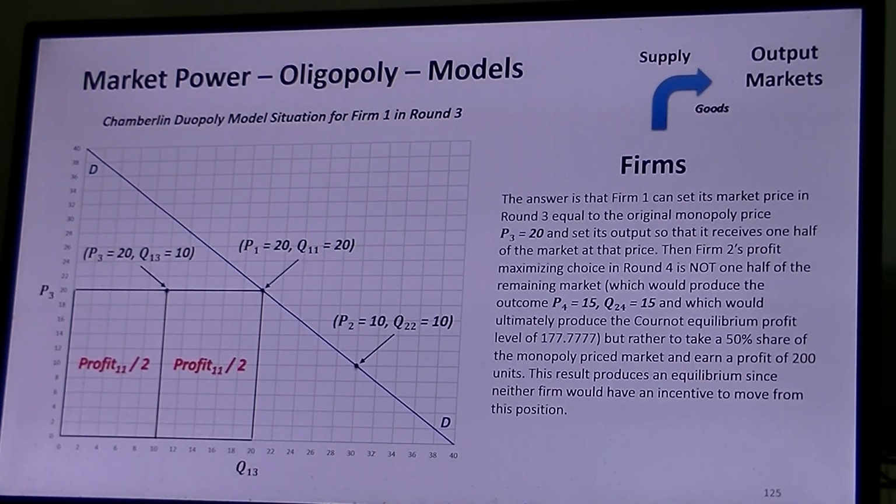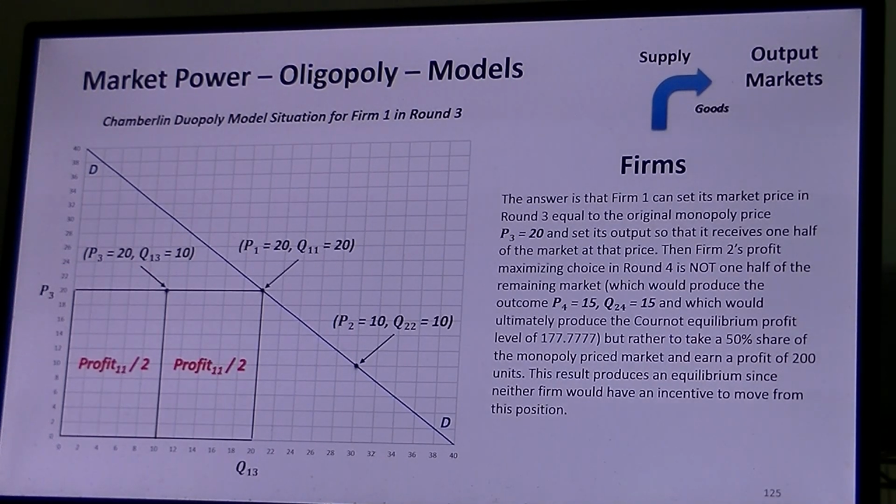This is also a very interesting thing: even though this is a competitive market, they're both competing, what's interesting about this model is that they produce their output at a monopoly price. So the price is a monopoly price, even though the two firms compete.